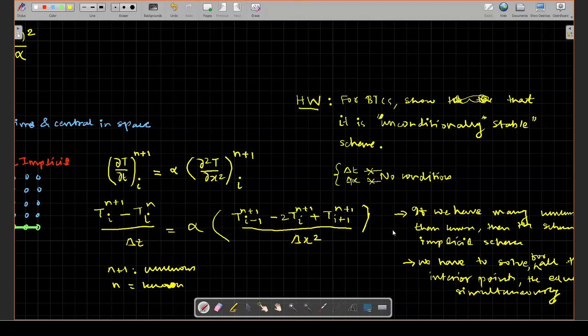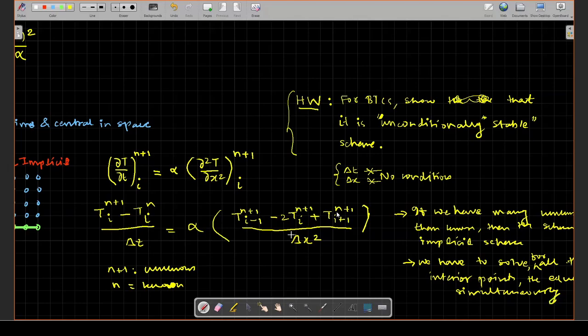If you take a very small delta x, you will have multiple calculations involved in your simulation, which might lead to some round-off error. But the thing is it is unconditionally stable and you do not have a limit on delta t and delta x. Please show that using von Neumann stability analysis.